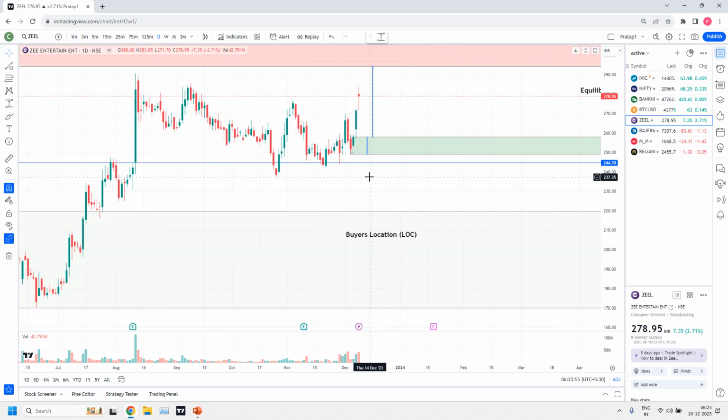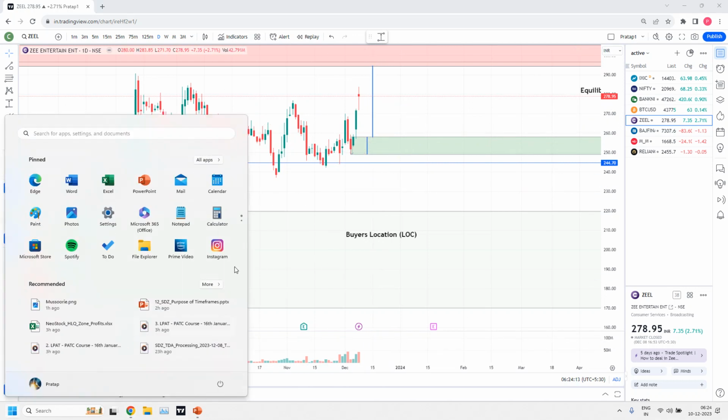So let us identify the RR. How do you identify RR? The reward divided by the risk. So let us take the calculator.